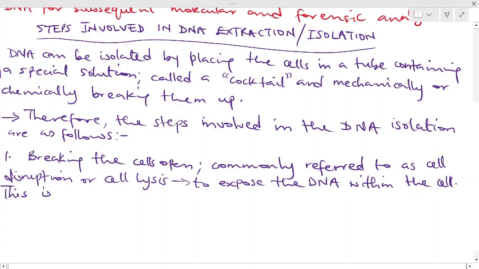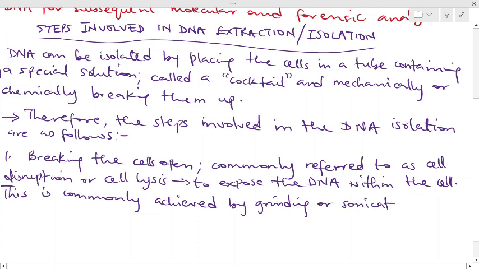This is commonly achieved by grinding or sonicating the sample, using different procedures.